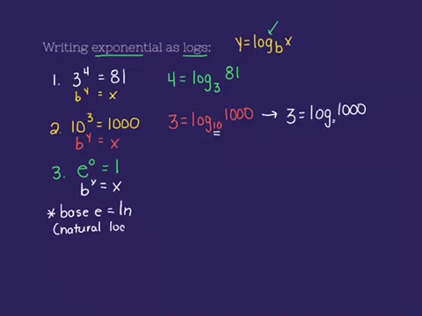There's also a separate calculator button for that. To rewrite this one, we would have y, which is 0, is equal to natural log base e of 1. And just like with the last one, if we have natural log, we know the base is going to be e, so we don't actually have to write that. We can just write 0 equals natural log of 1.